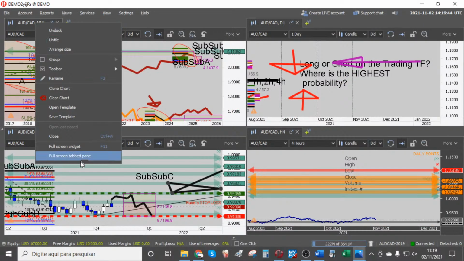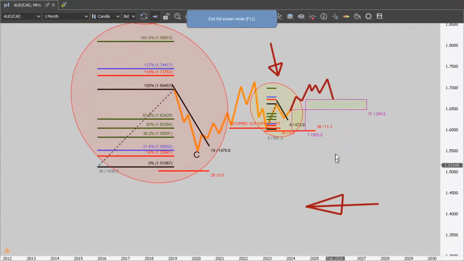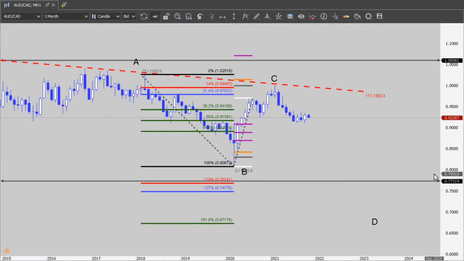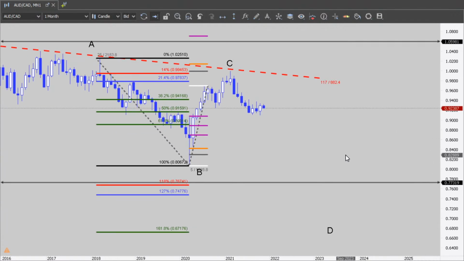Now this is the good news. Tell me, everybody, what is the trend direction on the AUD CAD monthly chart? You are going to see, it's not that difficult after you practice.